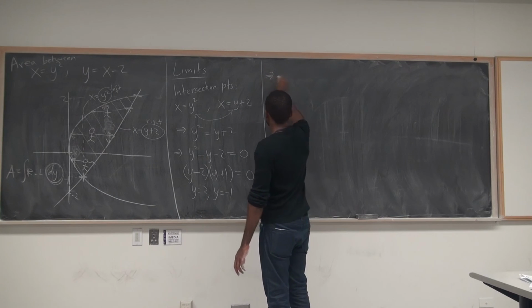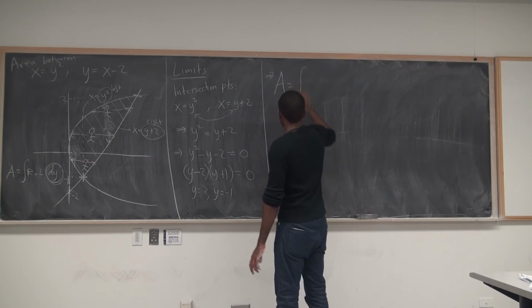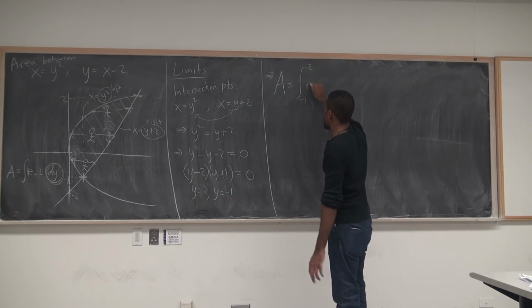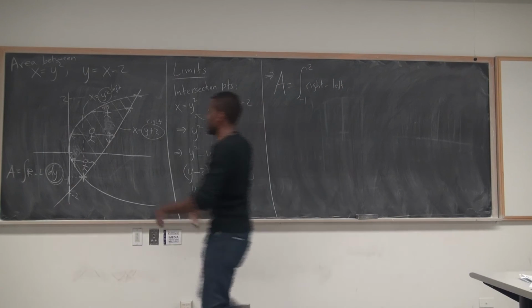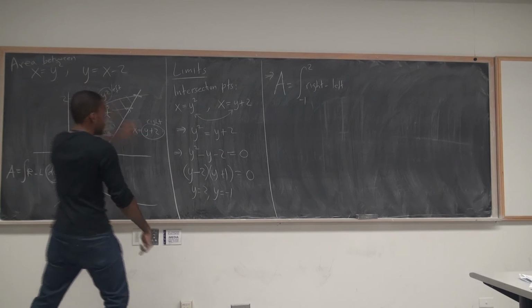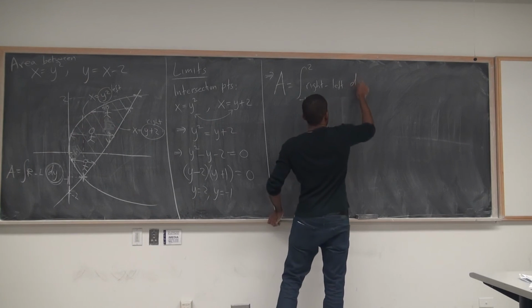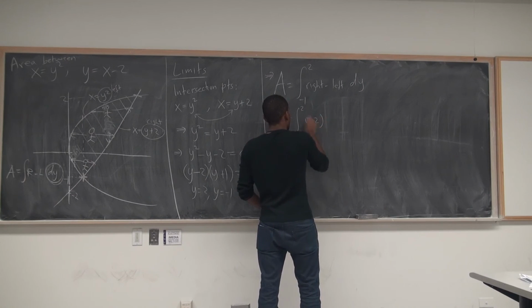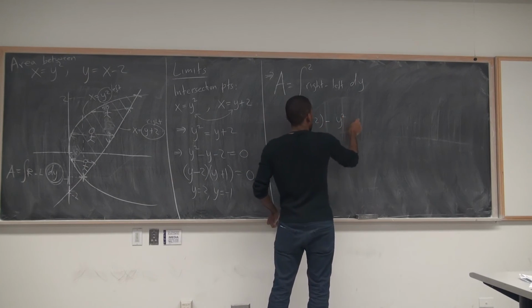This means my area between the curves is the integral from minus 1 up to 2 of right minus left. Going back, what's on my right? y plus 2. What's on my left? y squared. So this is y plus 2 minus y squared dy.